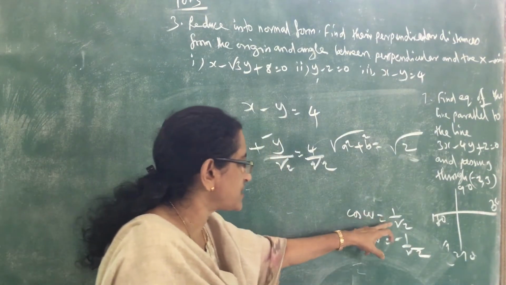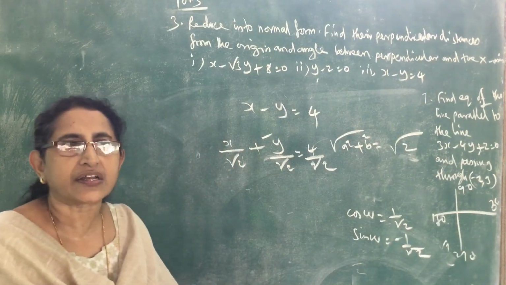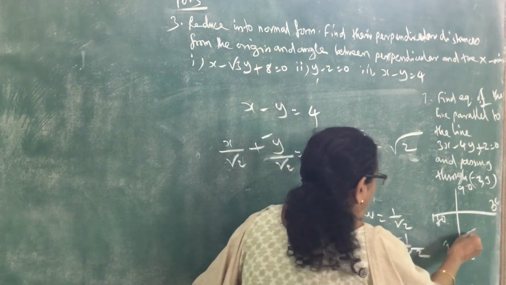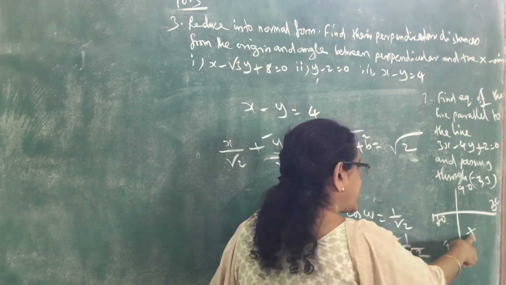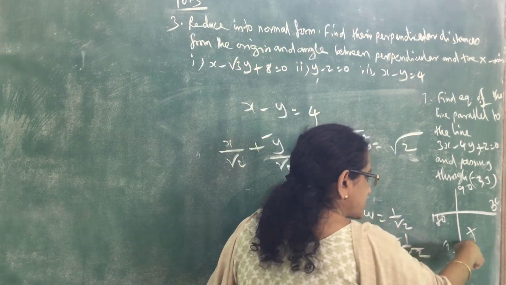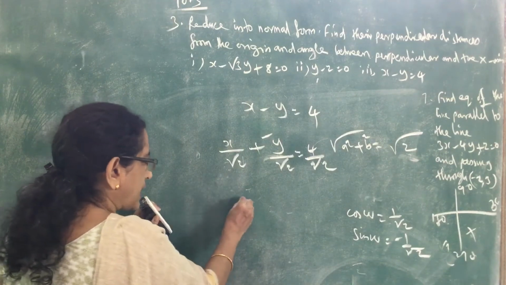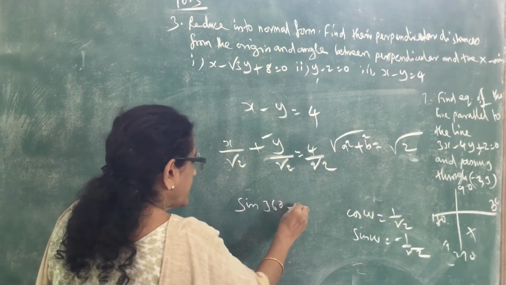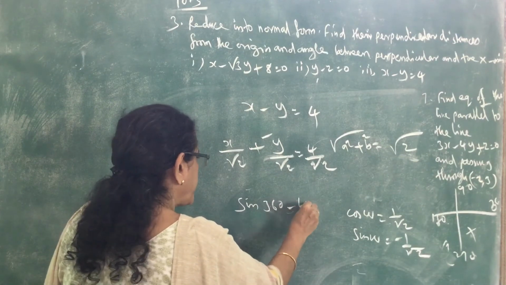Here cos is positive and sin is negative, so in which quadrant is that? It is in the fourth quadrant. So we have to consider 360 minus. What is sin of 360 minus 45?